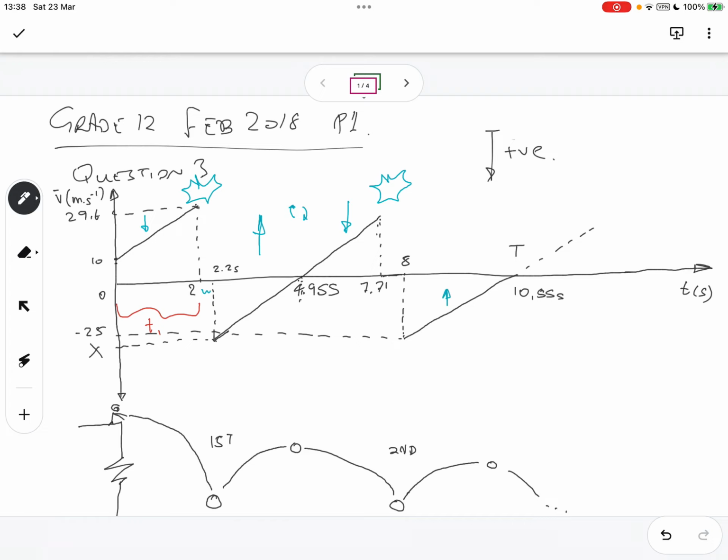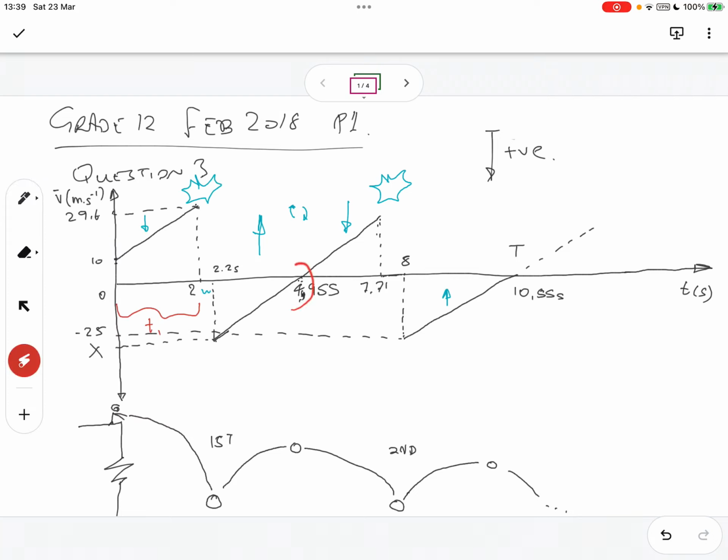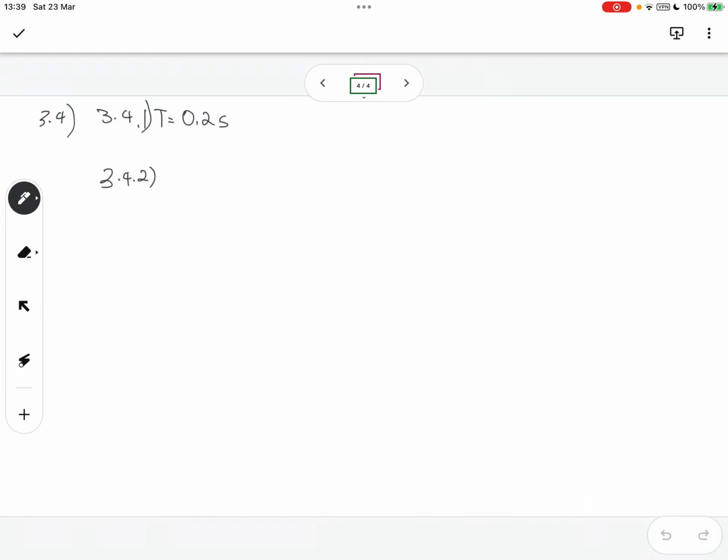The second bounce is after 4.99955 seconds, and where the first bounce maximum height is reached is here at 4.955 seconds. So at t equals 4.955 seconds is the point of maximum height after the first bounce.